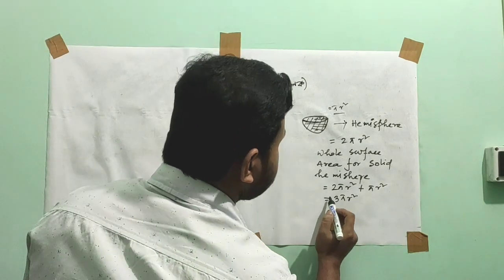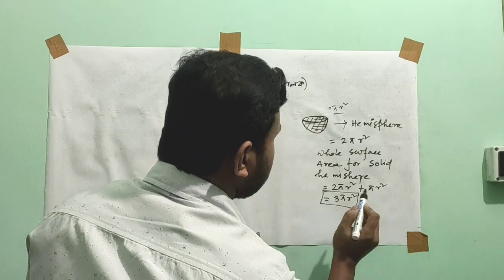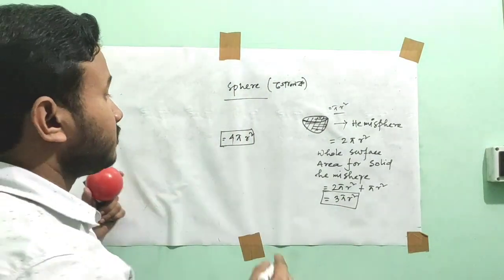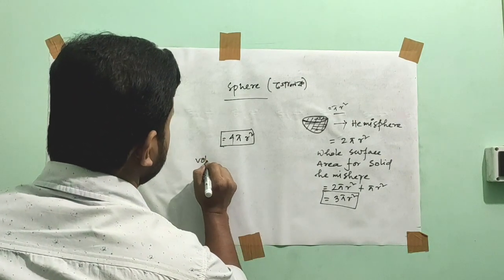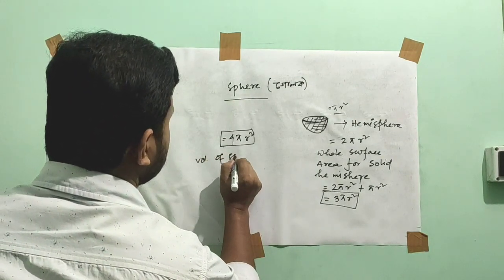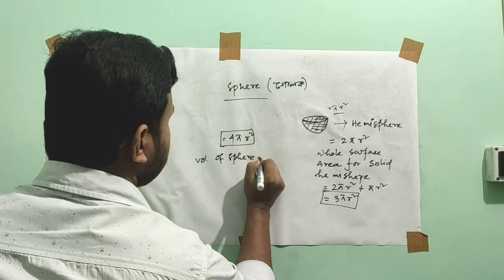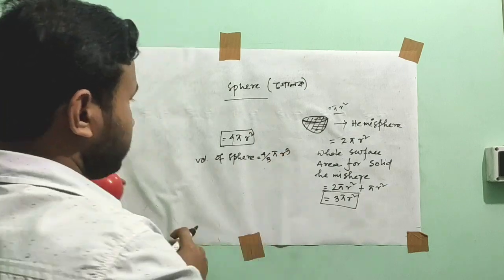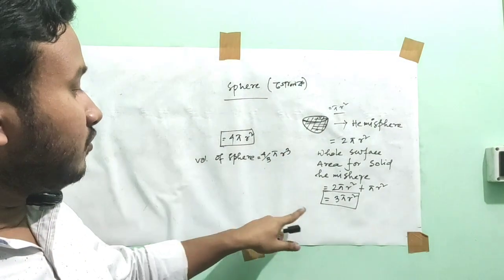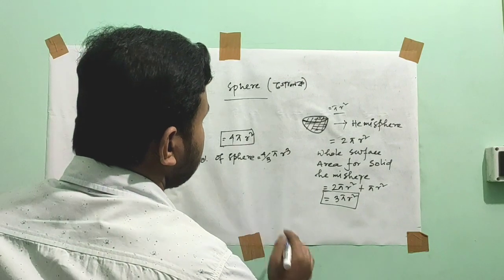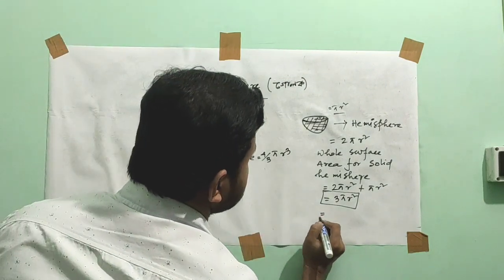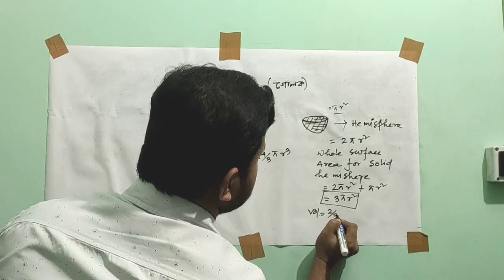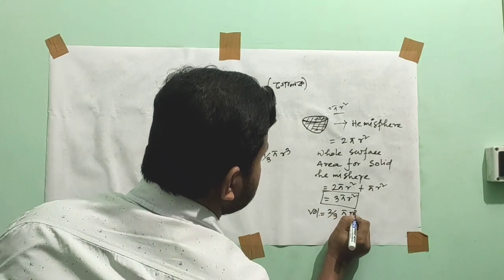Now the volume of a sphere equals 4/3 pi r cube, and the volume of a hemisphere will be half of the sphere, which is 2/3 pi r cube.